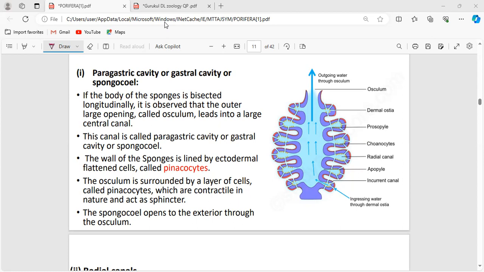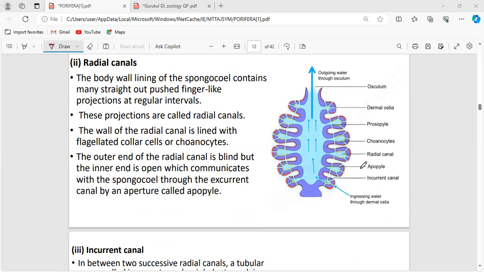And the opening which connects the excurrent canal and the central body cavity, that is the spongocoel, is called what? Very good. Apopyle, clear. And finally, the opening through which water is sent out from the body of the sponge to the surroundings is the osculum. Okay, fine. These are the major parts of the canal system.